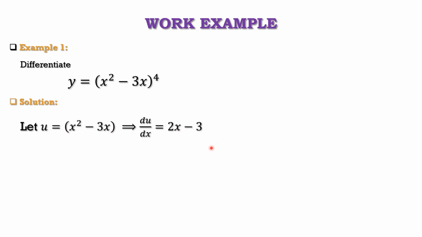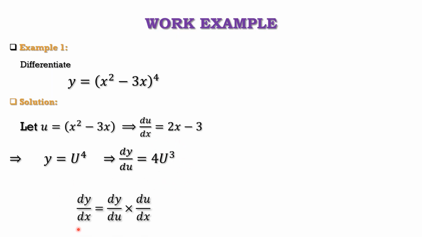That is our answer. So if u represents the whole of this bracket, then y will also be equal to u power 4. And it means that the output for this function, which is the u, becomes the input for y. So dy du would now be equal to 4u power 3 using the power rule of differentiation.